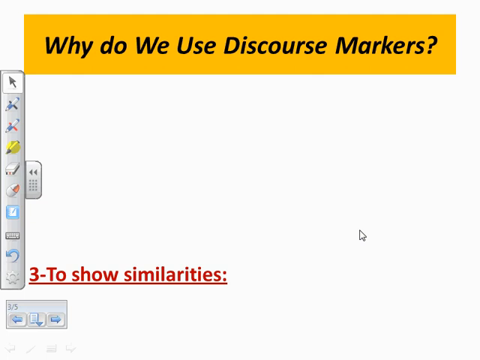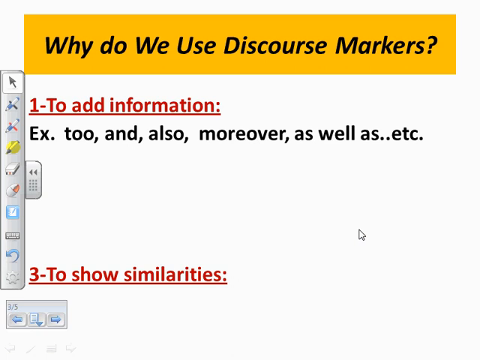Why do we use discourse markers? We have different ways for using discourse markers. To add information, examples, to, and, also, moreover, as well as, and so on. We have a lot. He's clever, she's clever too, and so on.